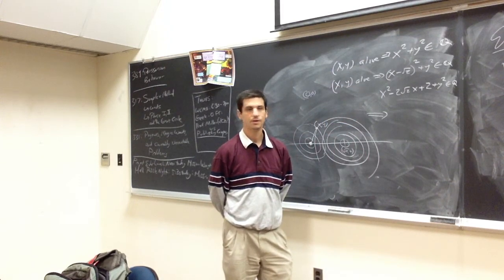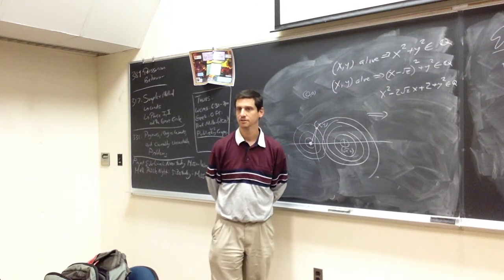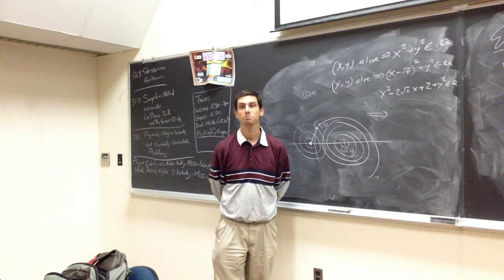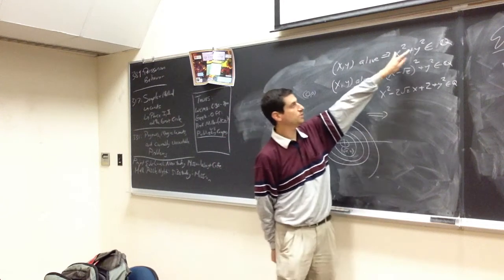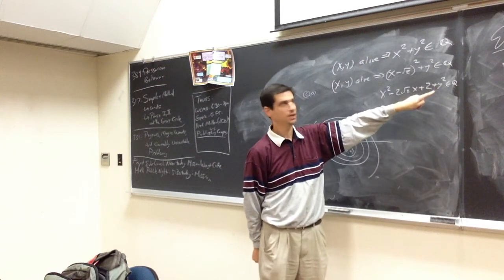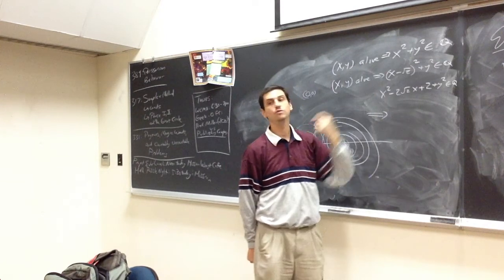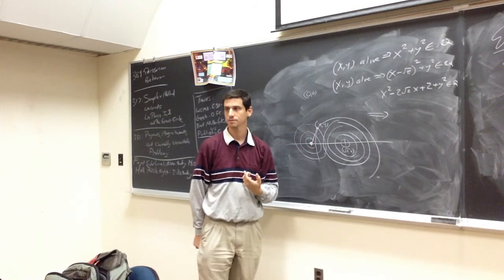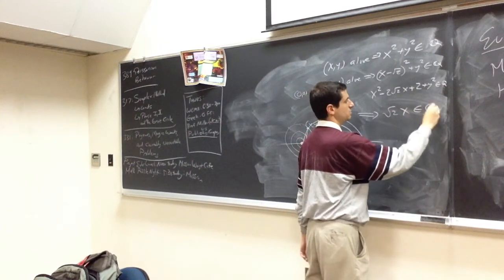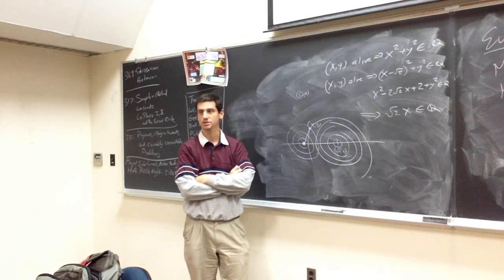X is irrational. How irrational? We can quantify its irrationality. It's got to be a rational multiple of square root of 2. Look, we know x squared plus y squared is rational. We know x squared minus 2 root 2 x plus 2 plus y squared is rational. So if I subtract this from this, and then I subtract 2, I get negative 2 root 2 x is rational. So I get root 2 x has to be rational. So the only way a point xy can survive is if root 2 x is rational.